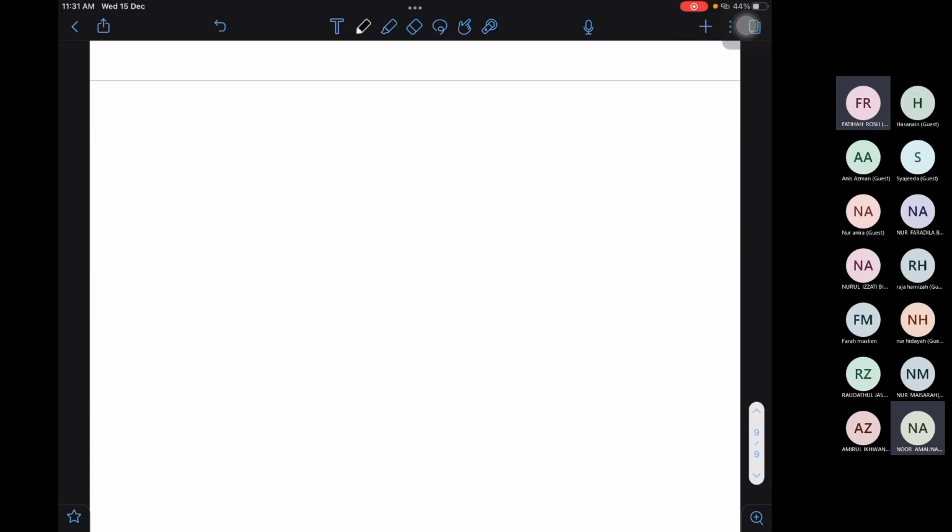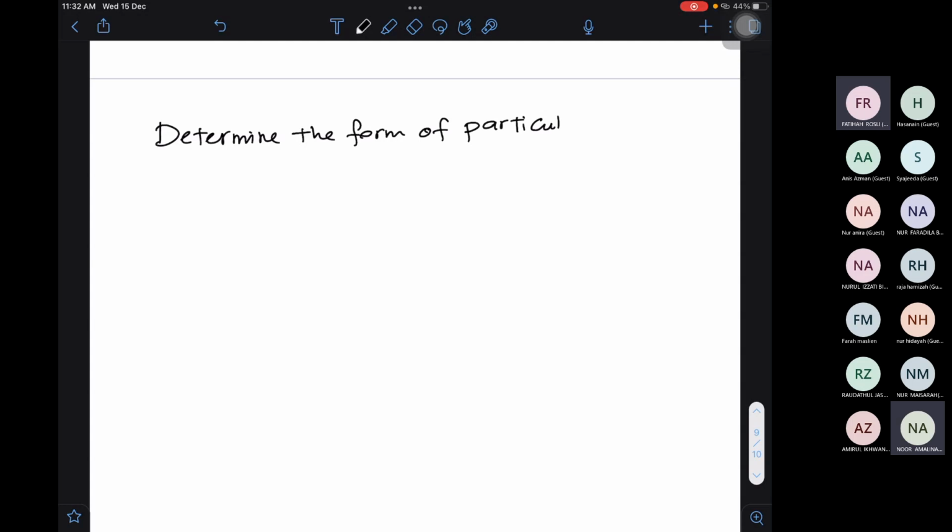Okay, sometimes soalan hanya minta awak determine. Kalau awak tengok dalam final kan, dia tulis macam ni. Determine the form of particular solution for y triple prime tolak 4y double prime tambah 4y prime.